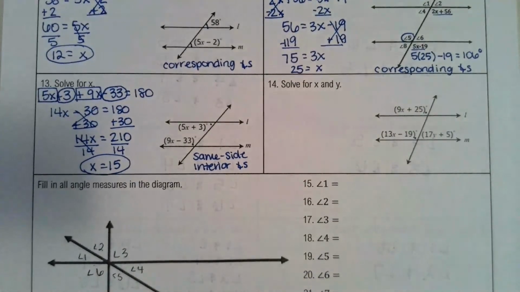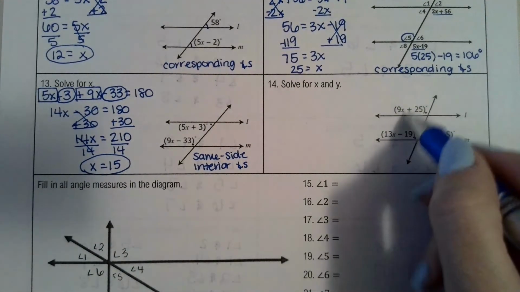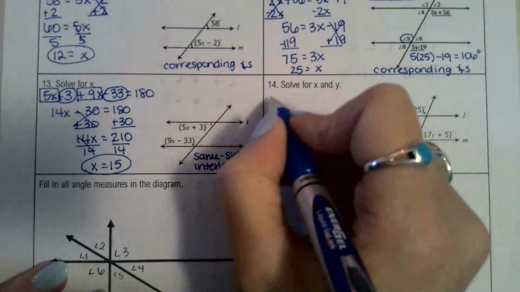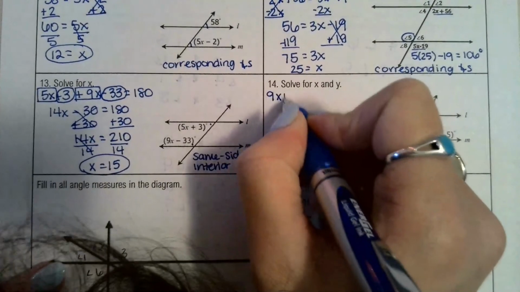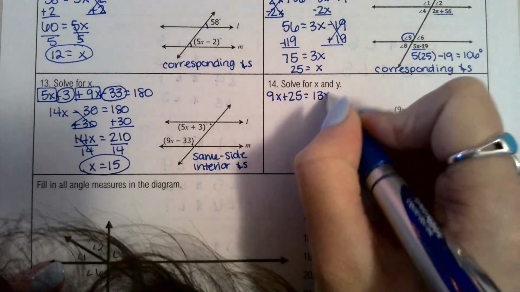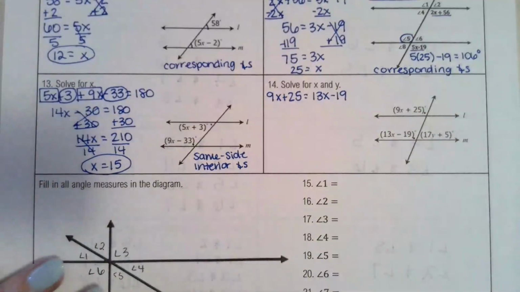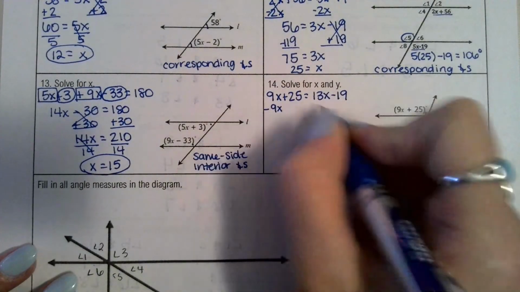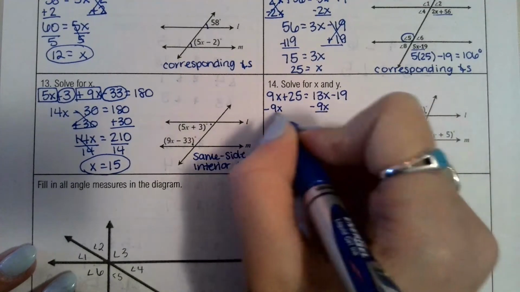Given their placement in the diagram, these are corresponding angles, meaning that they are equal to each other. So I'm going to start by setting 9x plus 25 equal to 13x minus 19. And then I'm going to solve this. So I'm going to move my smaller x value first by subtracting 9x.